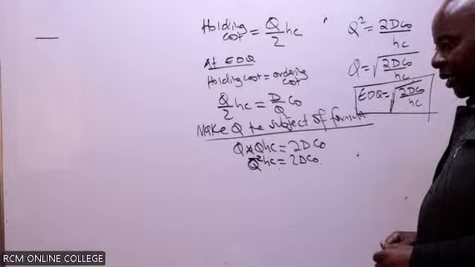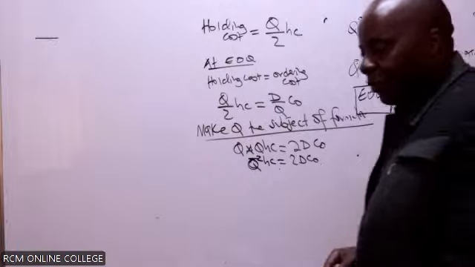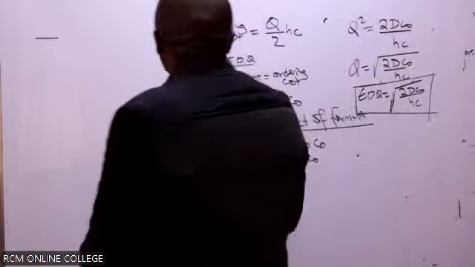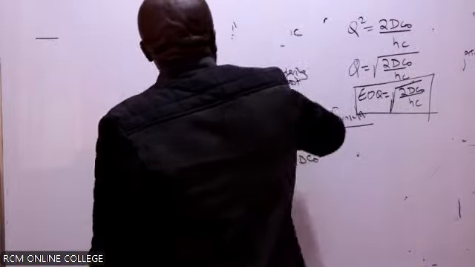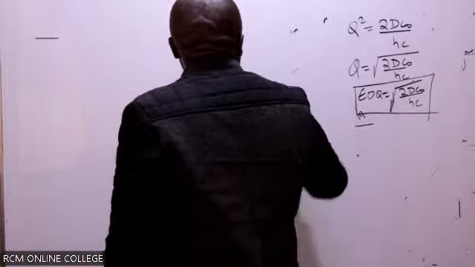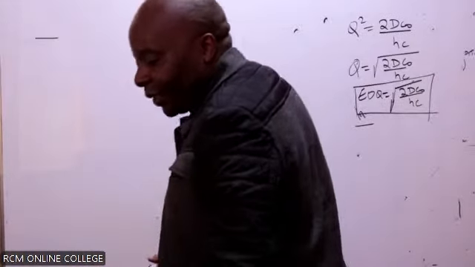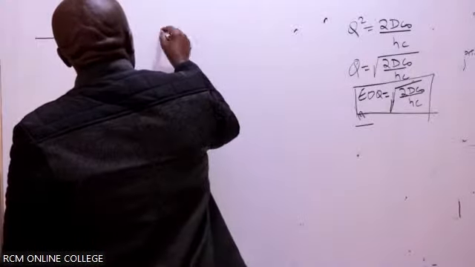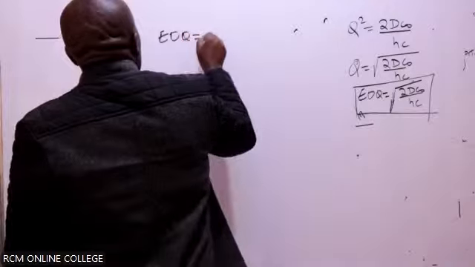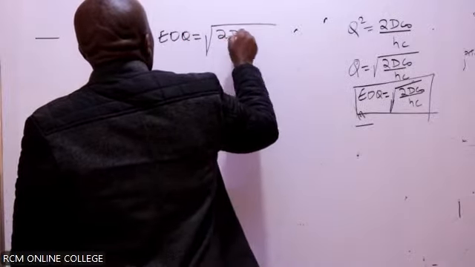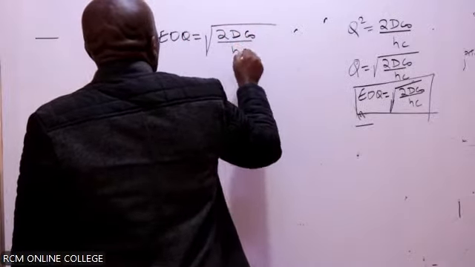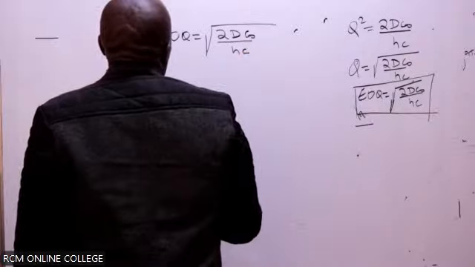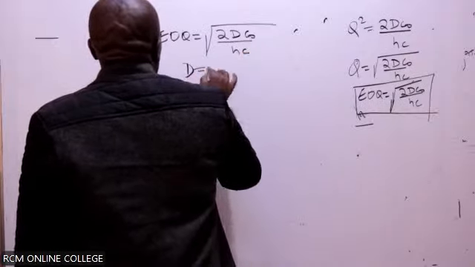You may forget about everything else, ladies and gentlemen, but we shall always remember the formula for getting economic order quantity: EOQ equals the square root of 2DCO all over HC. Where D is the annual demand, don't forget that.